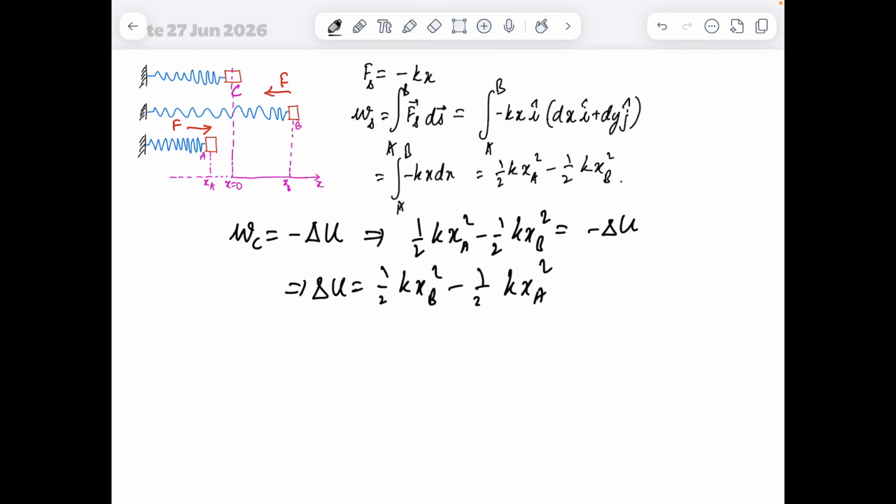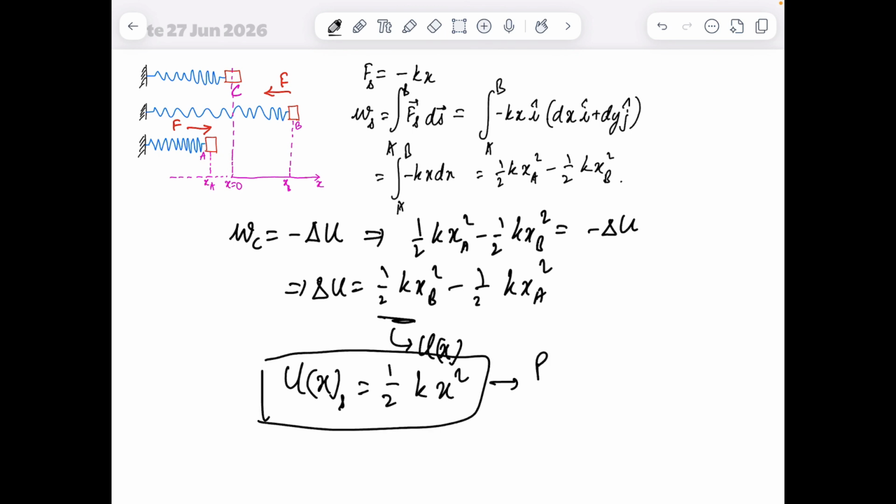What that means is that we can consider this as the U(x) function. So we have U(x) for a spring as half kx square. So that's the potential energy for a spring.